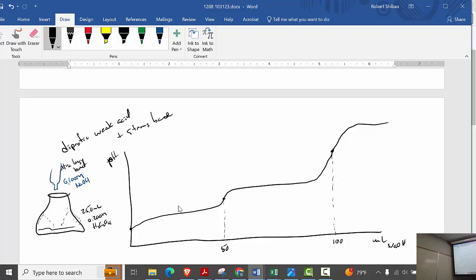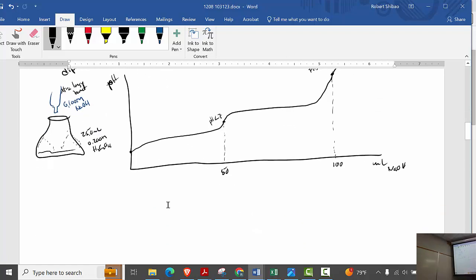The pH at the second equivalence point is going to be above 7, but the pH at the first equivalence point is going to be below 7 here. So that's what we observe in these. And so we've got to use oxalic acid here. And we can find some pHs quite quickly.